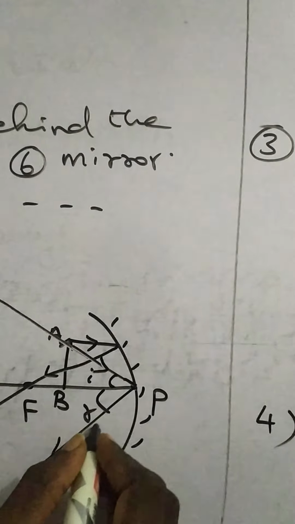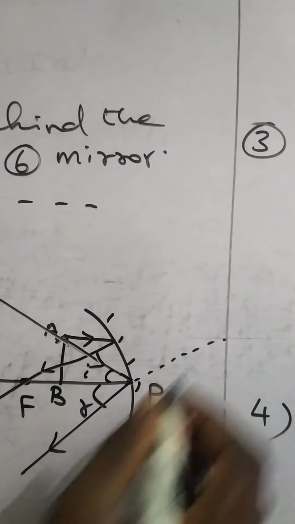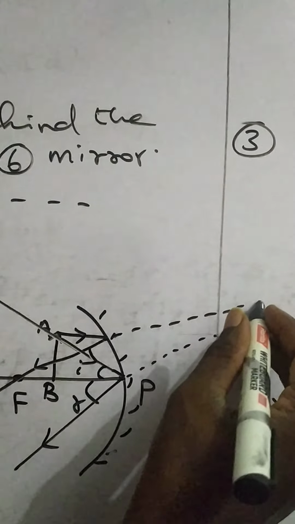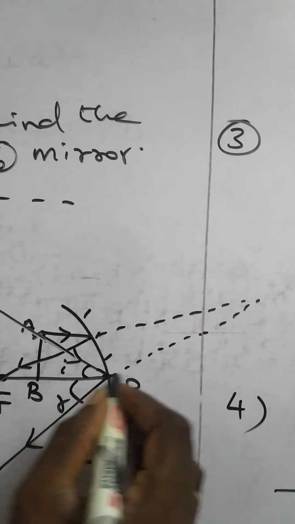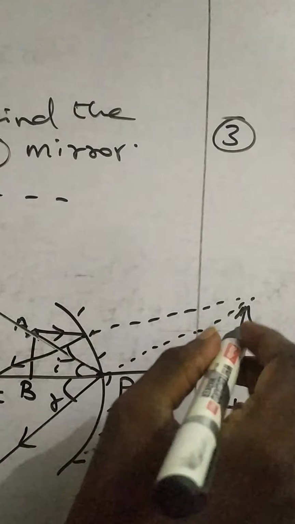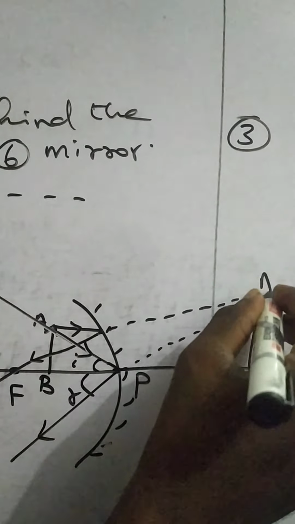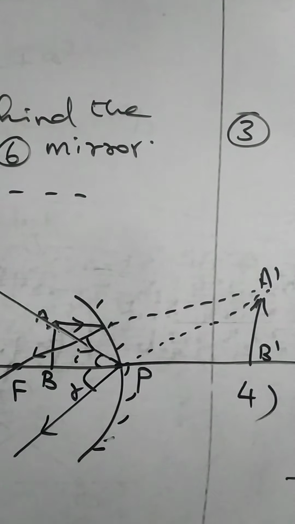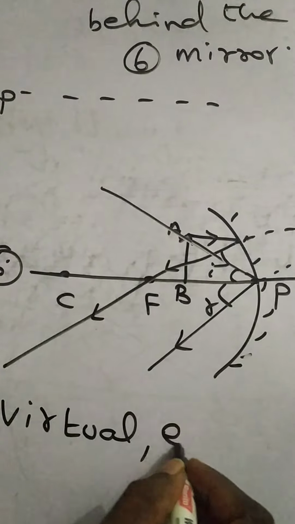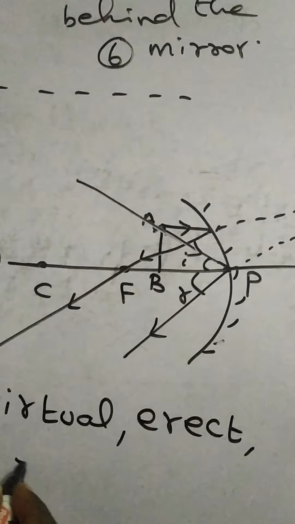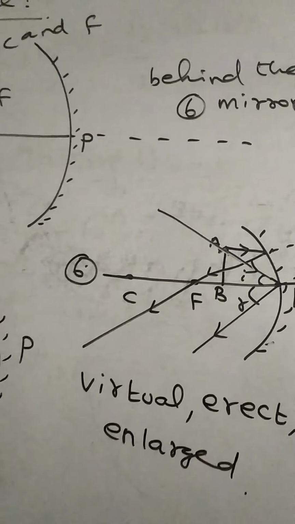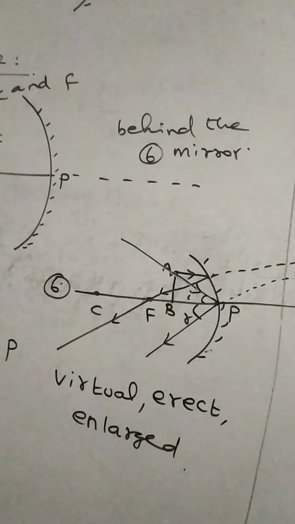So the reflected virtual rays and the reflected principal rays meet at the same point behind the mirror. So in the third case, the object is upwards, the image also upwards. Only the concave mirror produces a virtual, erect and enlarged image.